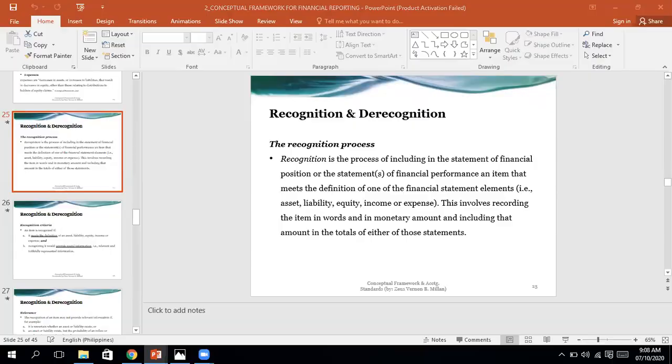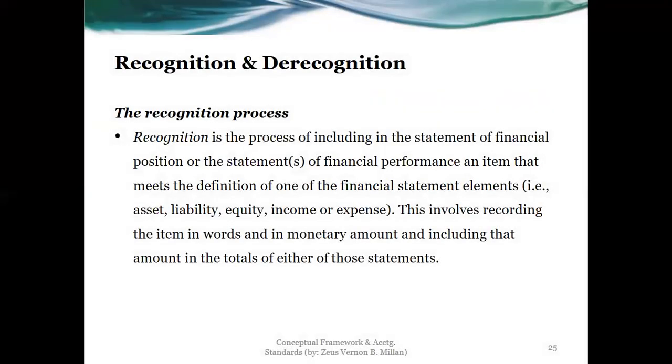All right. So the first stop is the recognition process, from recognition and derecognition. If we say recognition, that means basically the process of including in the statement of financial position or the statements of financial performance an item that meets the definition of one of the financial statement elements, that is, asset to expense.